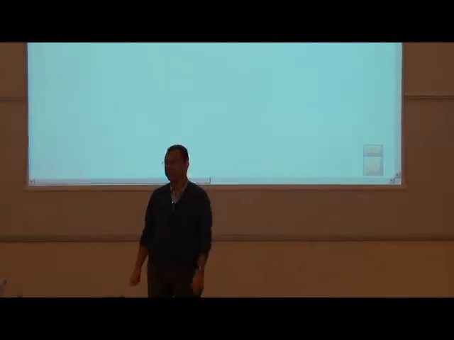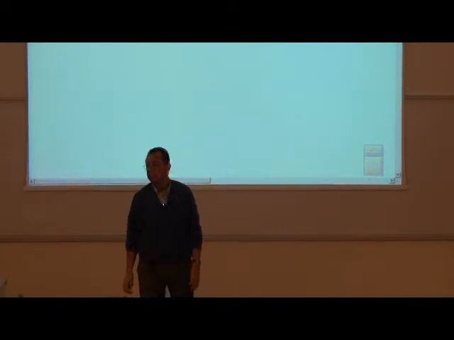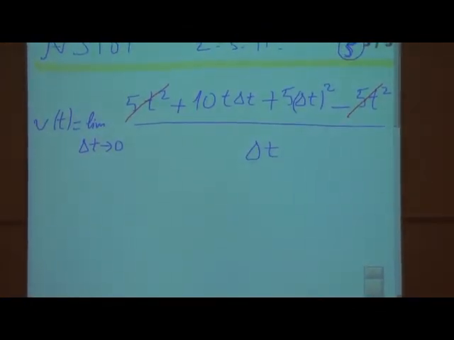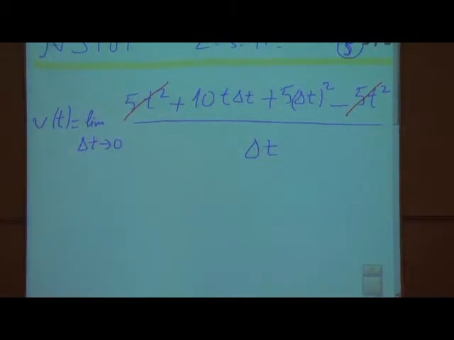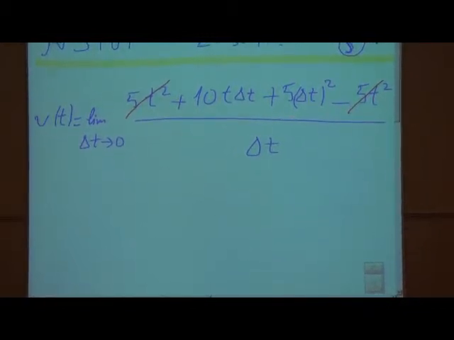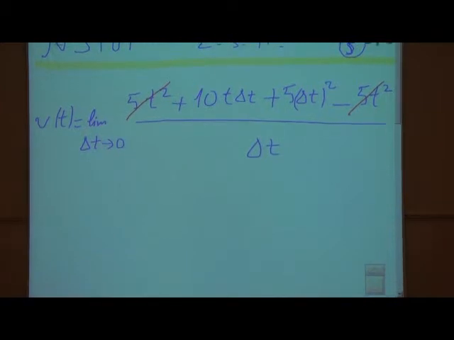That will always be the case. The remaining term here, after I've taken off the initial position, the remainder is delta x, the distance it has gone from the initial position on.